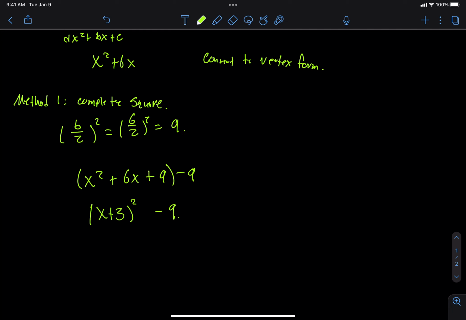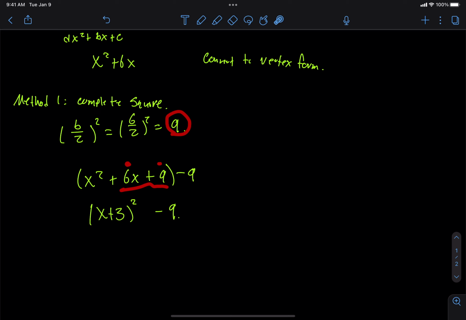Okay, so what was the point of that? Well, we chose 9 specifically so that when we got to this part and we want to factor, we want to think of two numbers that, if I multiply them together, I get 9, and if I add them together, I get 6. It's 3 and 3 that I'm looking for, right?